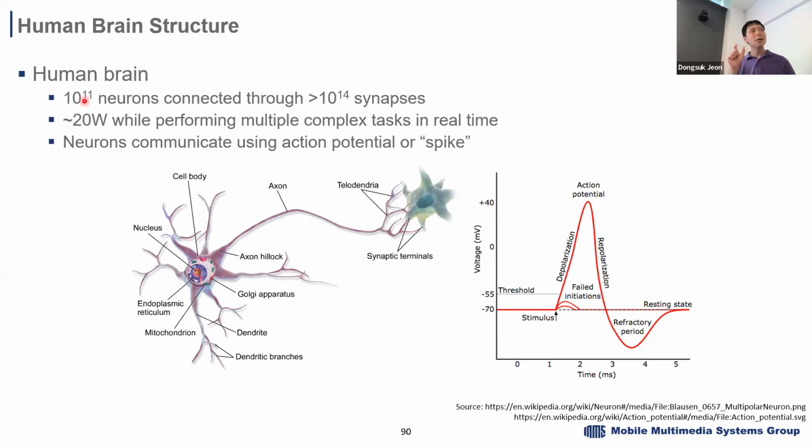But the interesting thing is that they exchange information in the form of spikes, which are very short electric pulses. You can measure this using an oscilloscope. If you look at the shape or amplitude of this spike, it does not change much over time. It's either there or not.